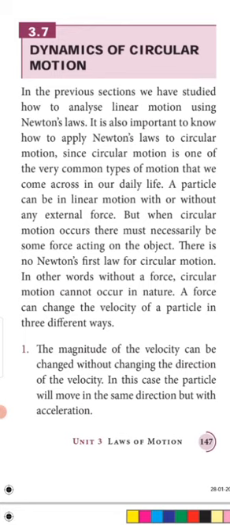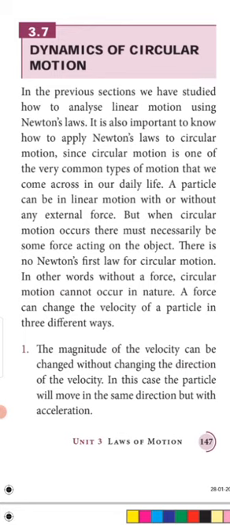In your previous sections, you have studied how to analyze linear motion using Newton's law. Now we are going to apply Newton's law to circular motion. What is circular motion? The movement of a particle in a circular path.